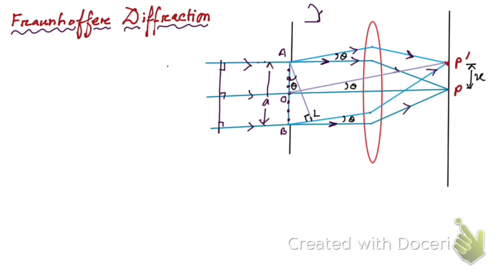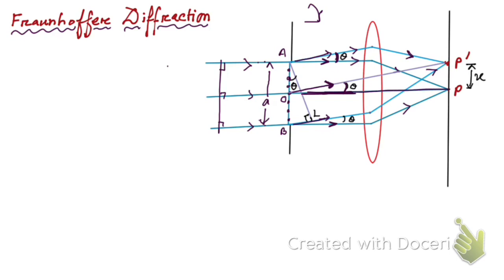So here you see, this is the diffracted light, and we have taken these two in the direction which is at an angle theta with this straight direction, with this OP. These diffracted waves are in the direction at an angle theta with this OP, right?